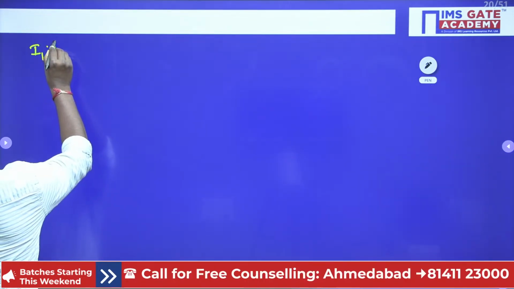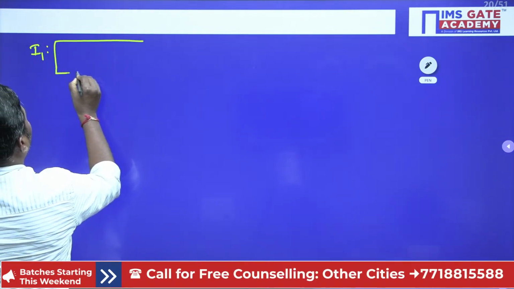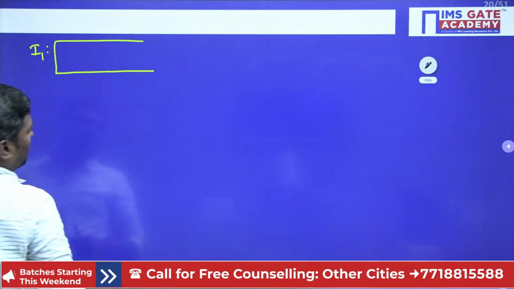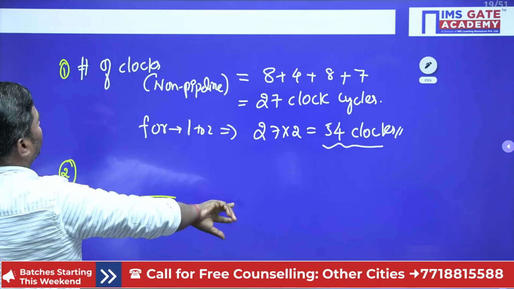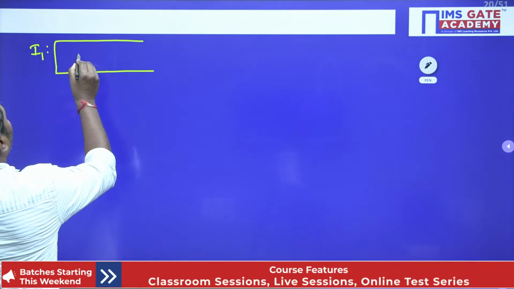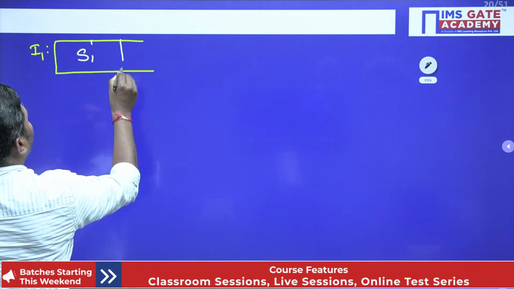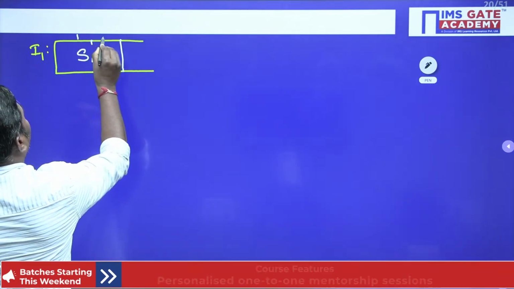Instruction 1, stage 1, how many clock cycles required? Stage 1 requires 2 clock cycles. I am marking here clock number 1 and clock number 2.